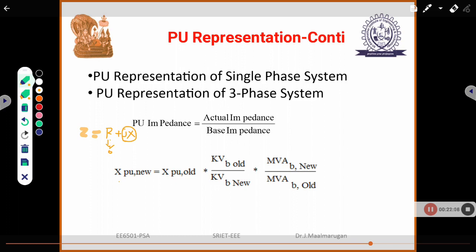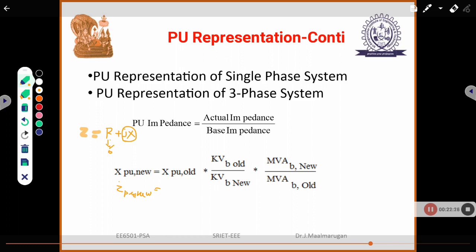Here the per unit impedance, Z per unit new, is also the same. X per unit new is equal to X per unit old into kV base old divided by kV base new, into MVA base new divided by MVA base old.